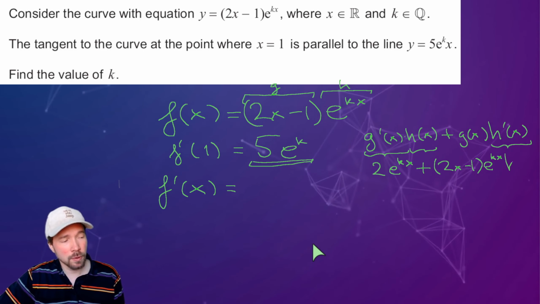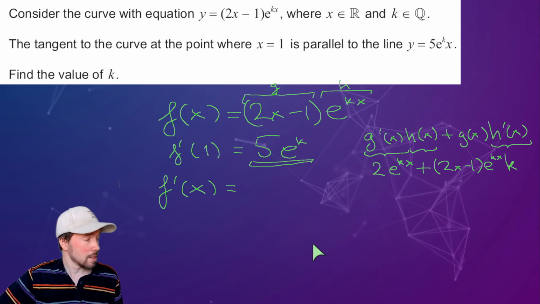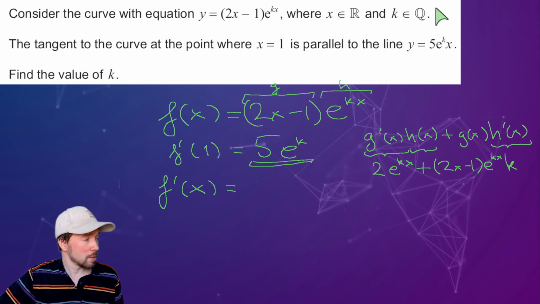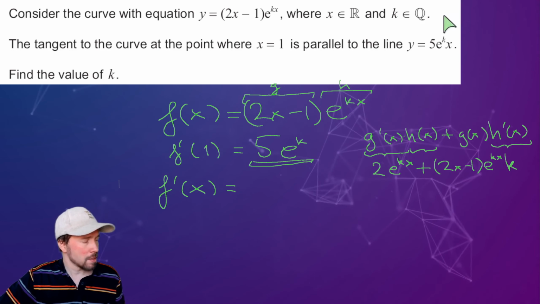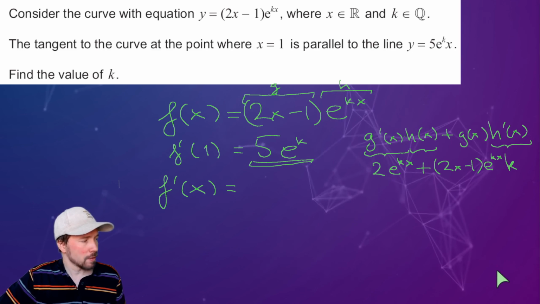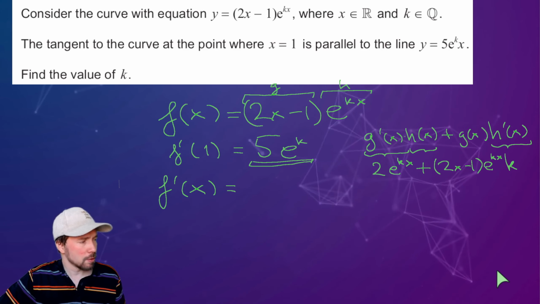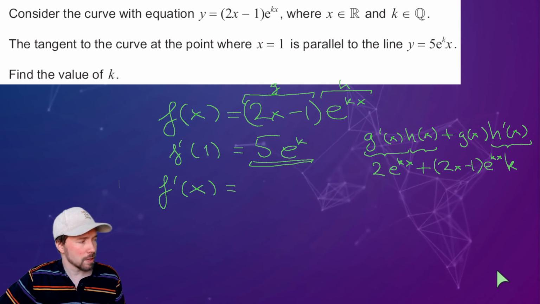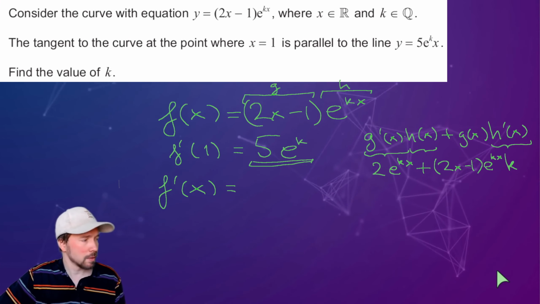We don't yet know what k is, but it's some constant which, we are told, is a rational number. So we should keep this in mind in case it actually matters. I'm expecting that we may have to choose between multiple solutions, and some of them may not be rational, and then we'd use this information. But we'll see how it goes.